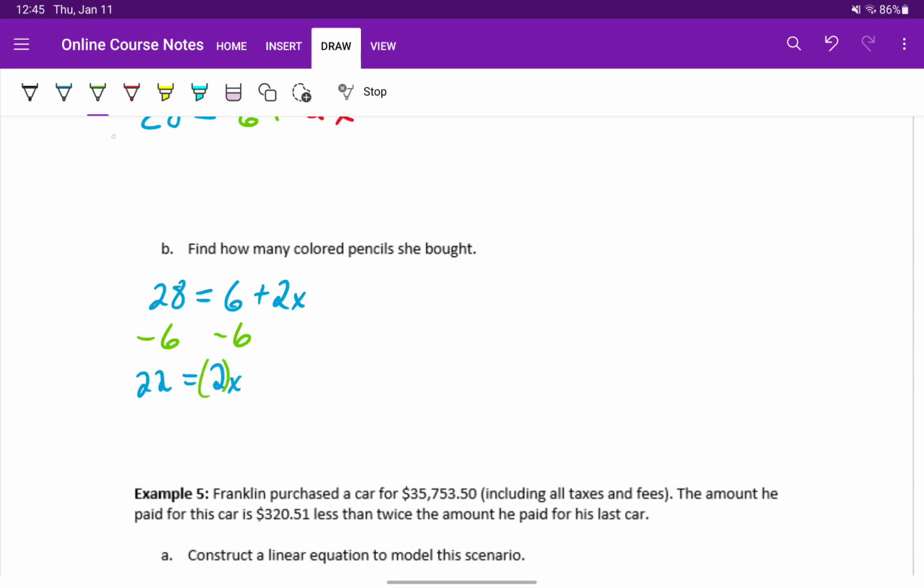We'll identify that coefficient for the variable term and multiply both sides by its reciprocal, which will give us 11 is equal to x.